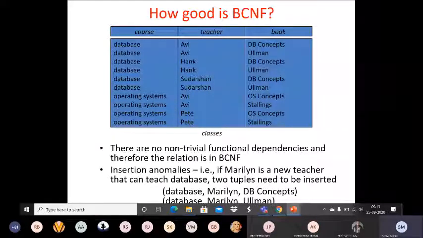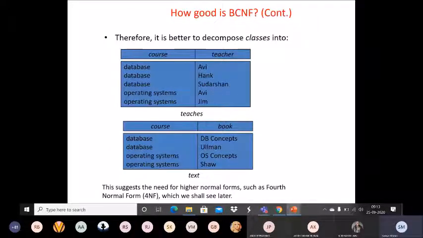So how will we deal with this problem? Therefore, it is better to decompose this into two tables: course teacher and course book.